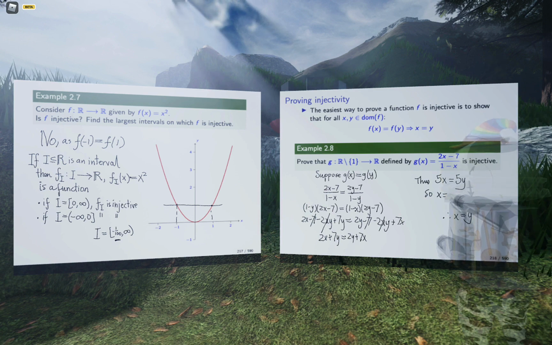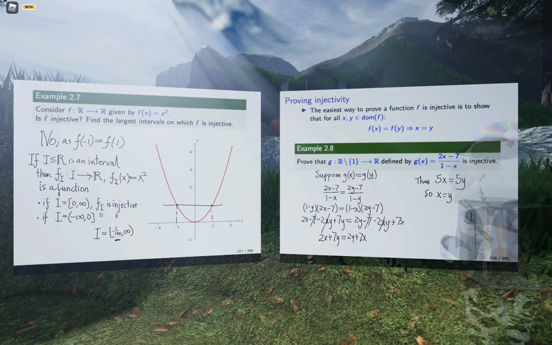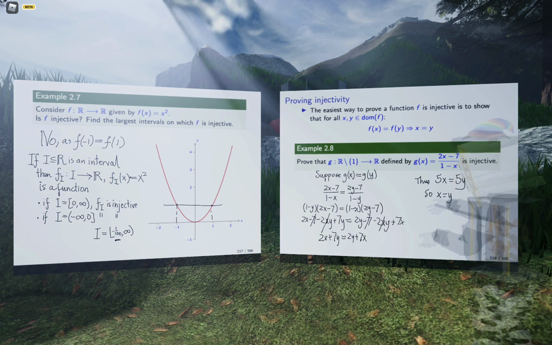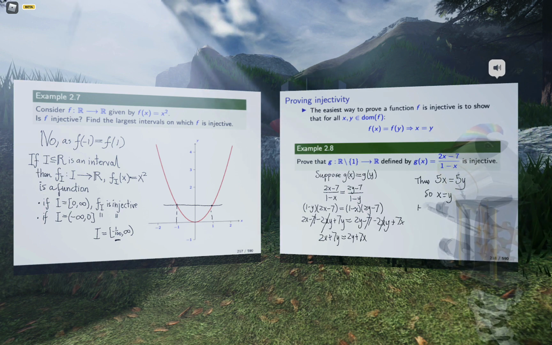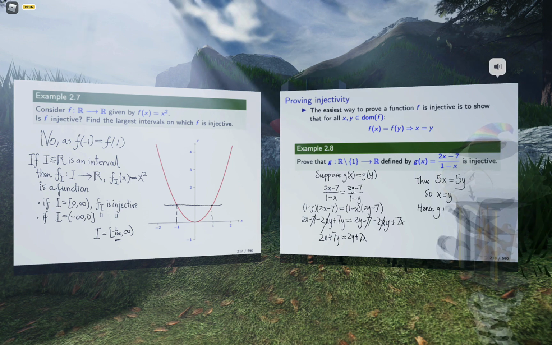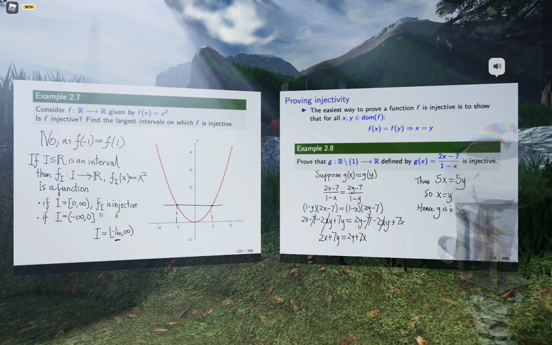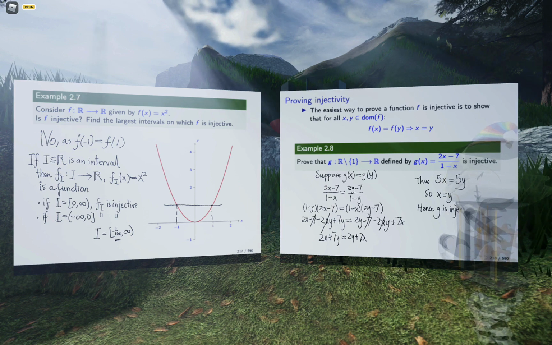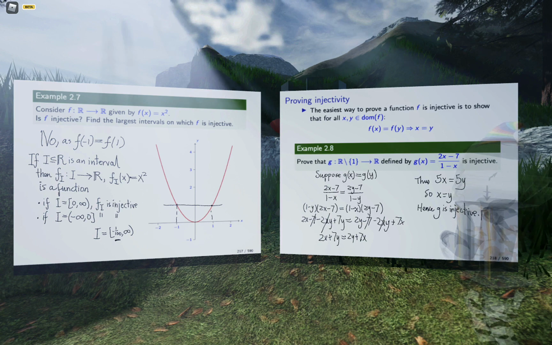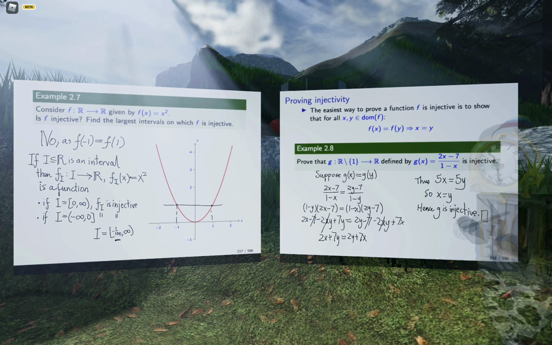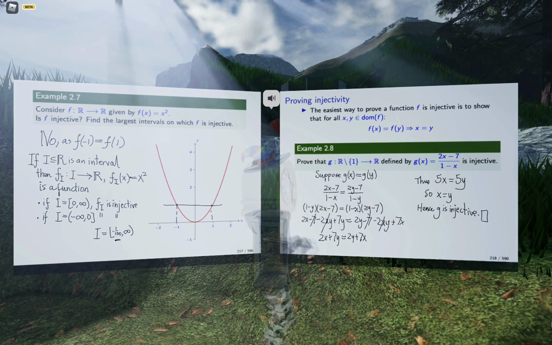So x equals y. And I've now proven this, which is injectivity. So I can conclude, hence, g is injective. And that's all there is to it.